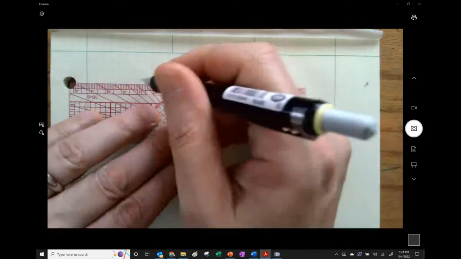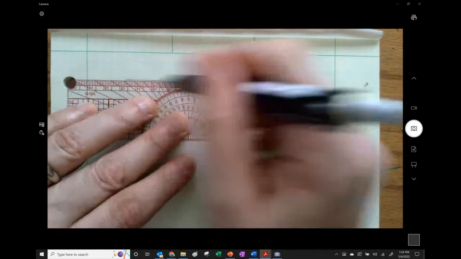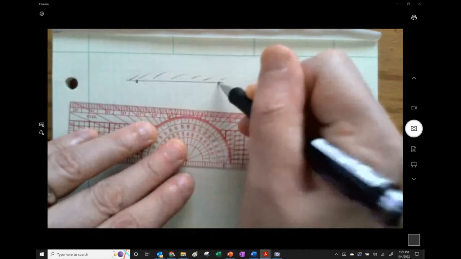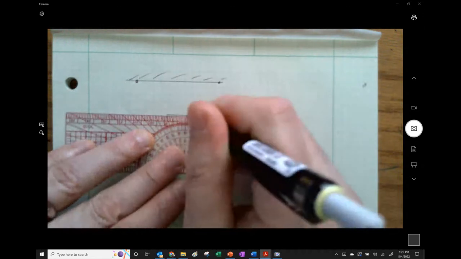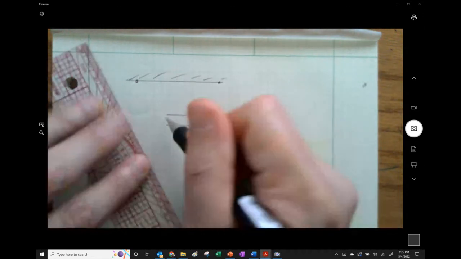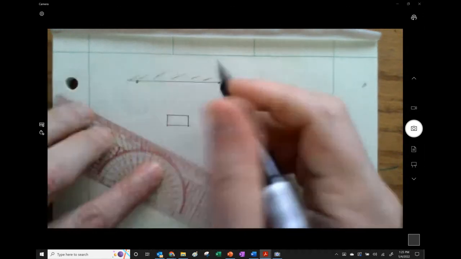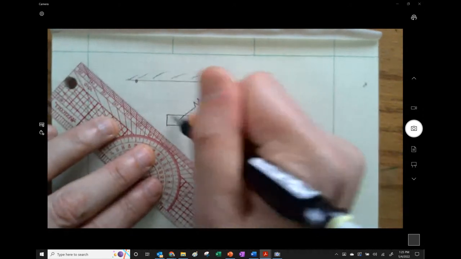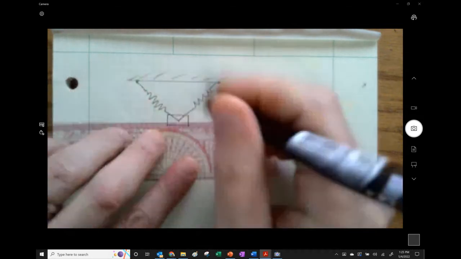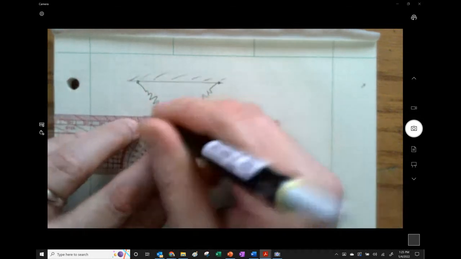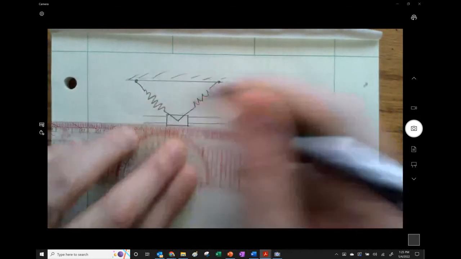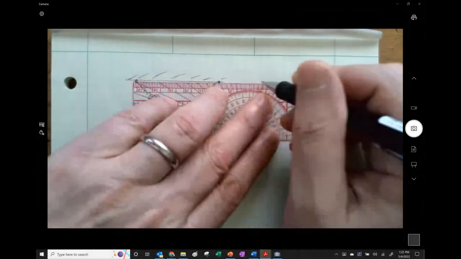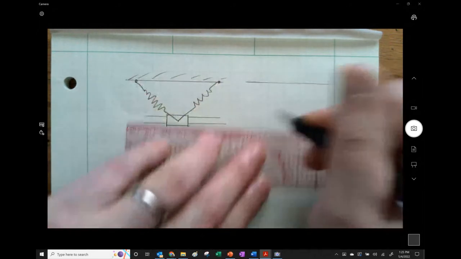All right, so I guess we can draw this as one thing. Attach right here and right here. We got a little collar going on. Okay, so what we've done, it's almost better to make a little sketch of what it looks like.